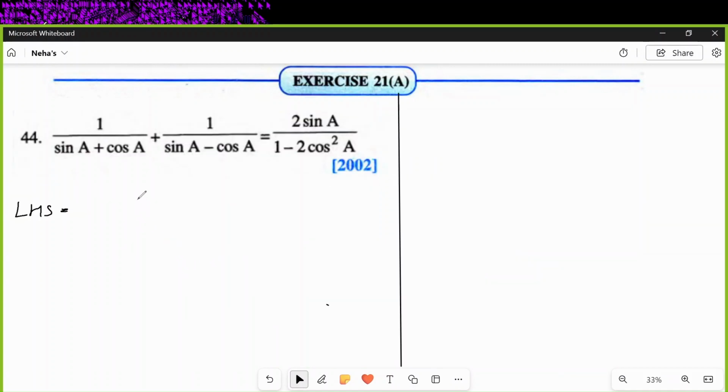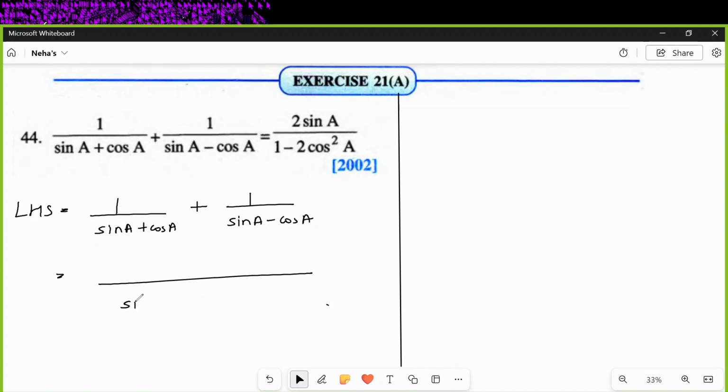Let's now begin with question number 44. The left hand side is given as 1 upon sin a plus cos a plus 1 upon sin a minus cos a. Now we will take the LCM here.